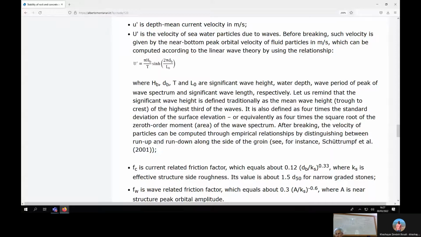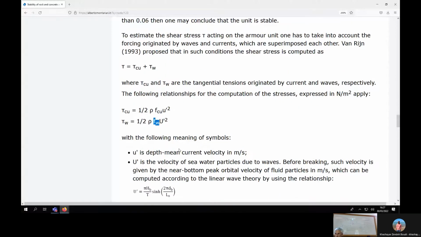So to summarize, let's look at this relationship. This is wave shear stress. It's given by 1/2 rho, the mass density of seawater, times FW, for which you have an empirical relationship to compute it depending on the roughness of the structure and the wave velocity, times U prime squared.